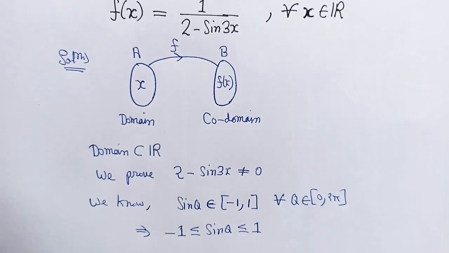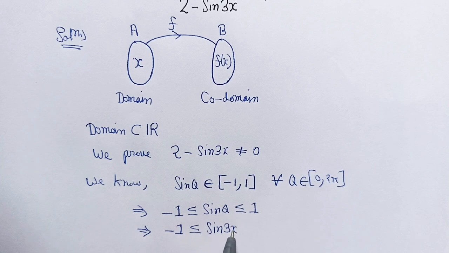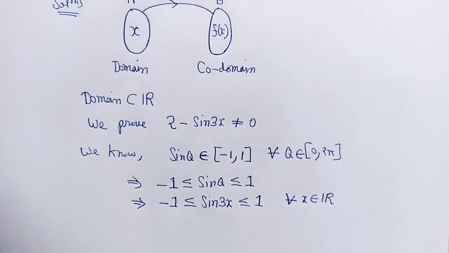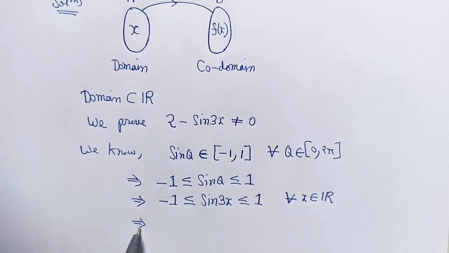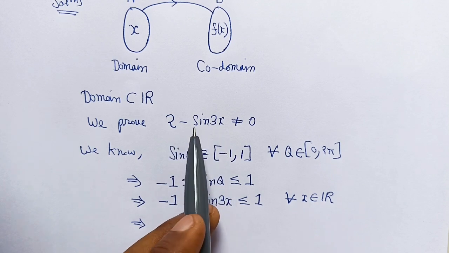Correct? Now we form this condition, that is 2 minus sine 3x. First of all we can replace theta by 3x. This is true for all values, so -1 is less than or equal to sine 3x, which is less than or equal to 1 for all x belongs to R. Then, because we need 2 minus sine 3x, first of all we change the sign.